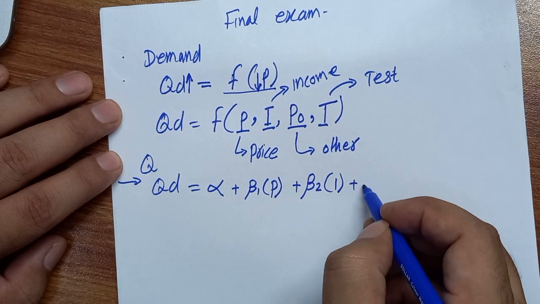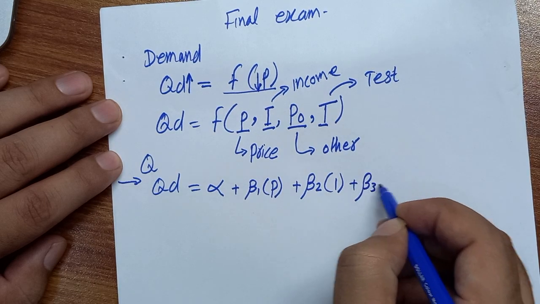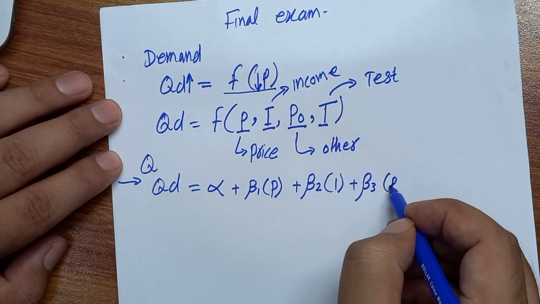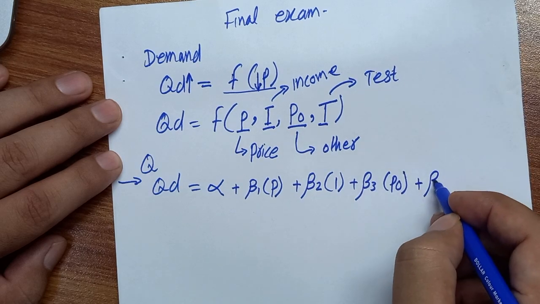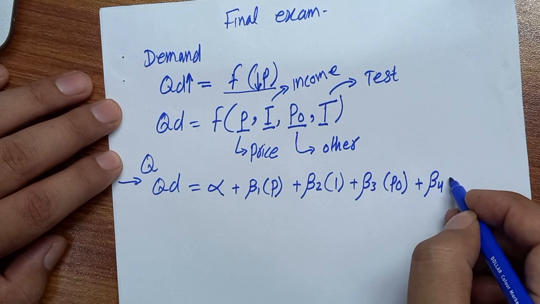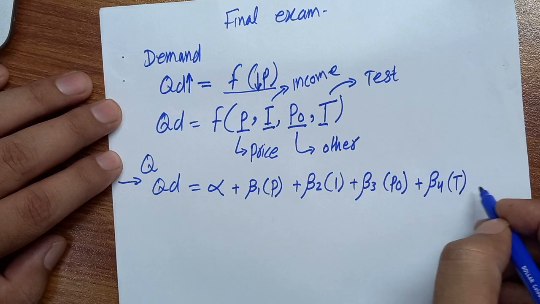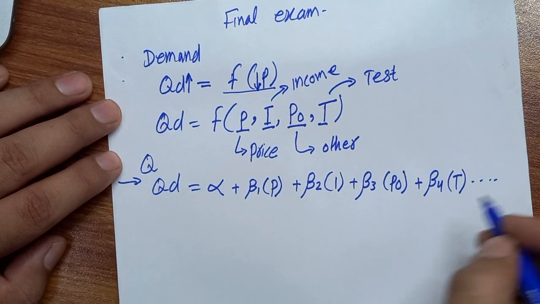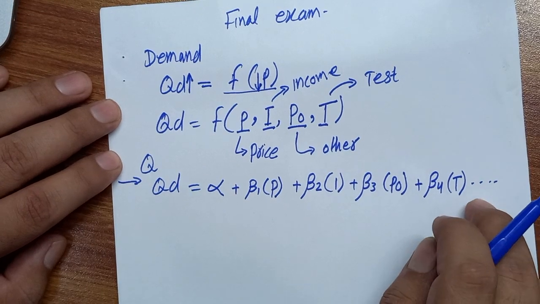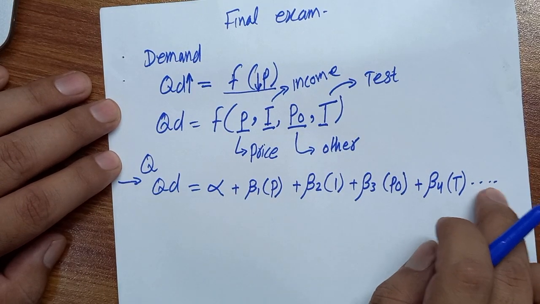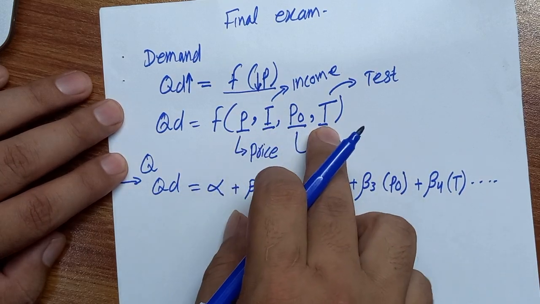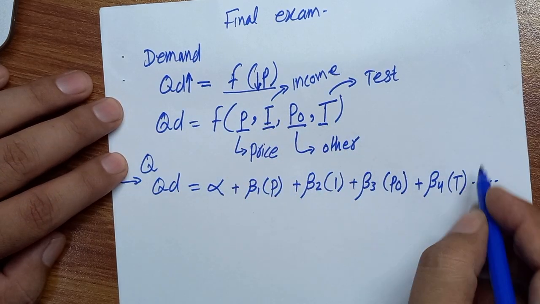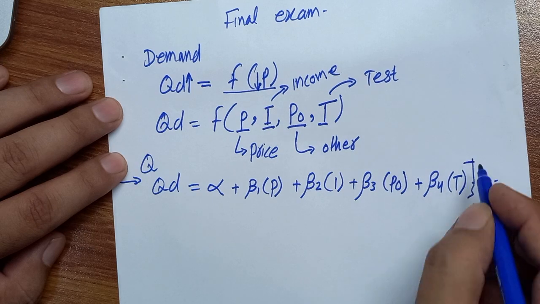We also use beta 3, which is price of the other good. We also use beta 4, and we use taste. And if we have other factors, we can also write them down here. So we are going to explain these 4 factors now, so we'll stop it here.